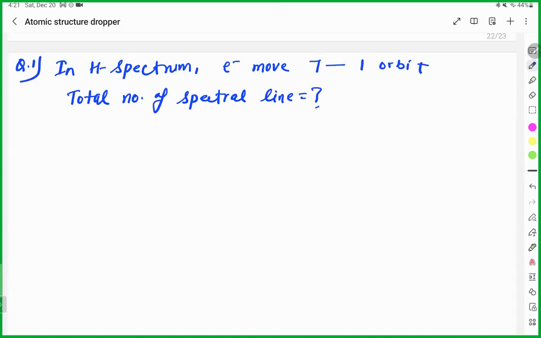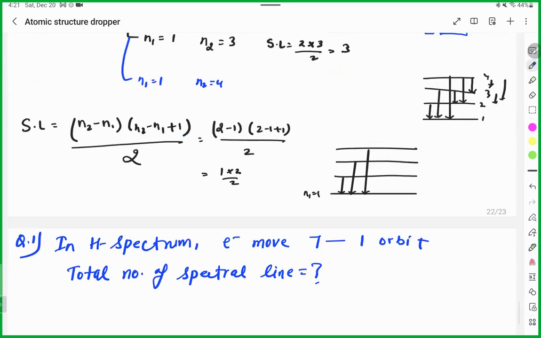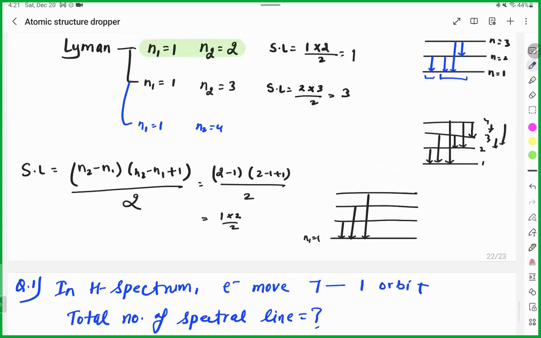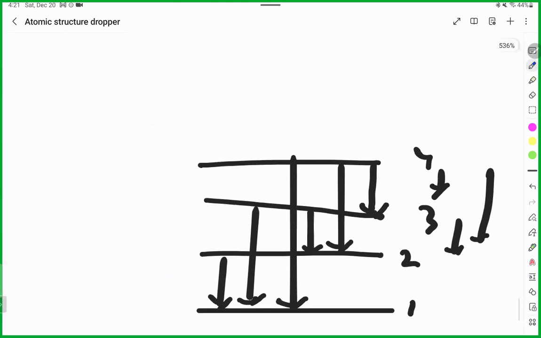Remember one thing. You were thinking it will ultimately come to n=1, right? In that situation, it will belong to only the Lyman series. But we are calculating the total number of spectral lines, so it can come to 2 or 3 as well, as in this diagram. So we are calculating all, whether it is Lyman, Balmer, Paschen, Brackett, Pfund.